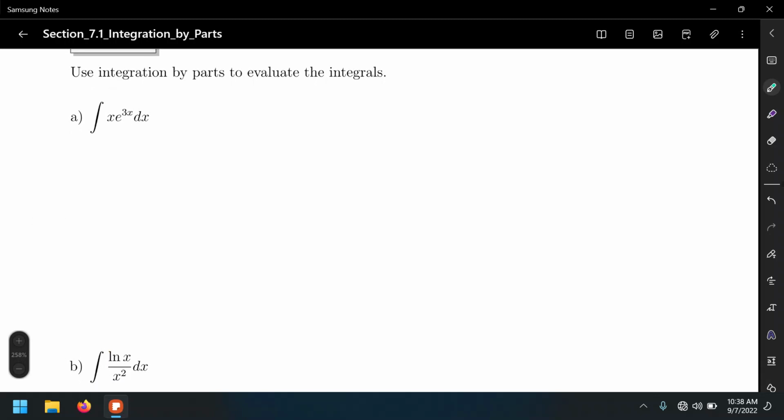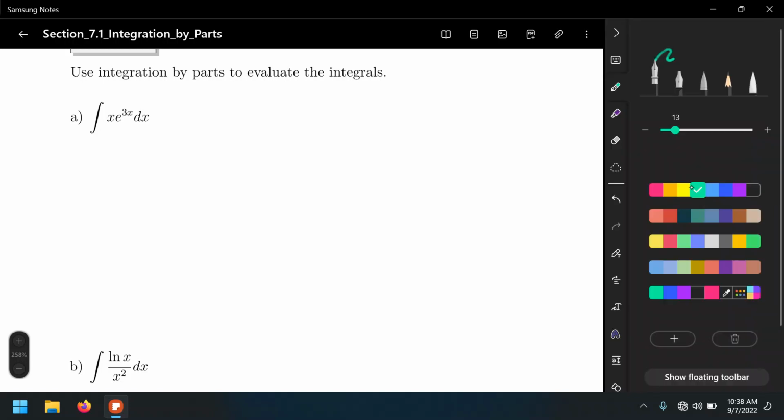So we have the integral of x e to the 3x, and well, so number one, let's choose the two parts right here. Number one, we need a U and we need a dv.